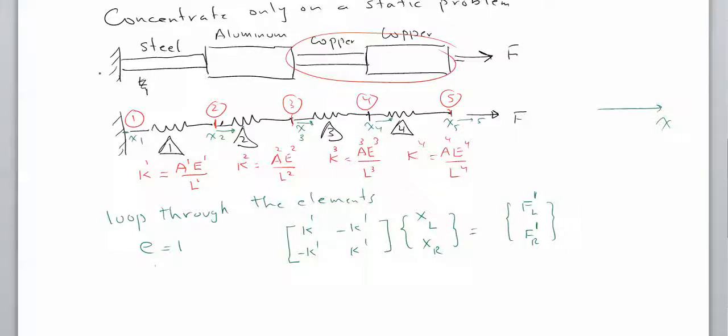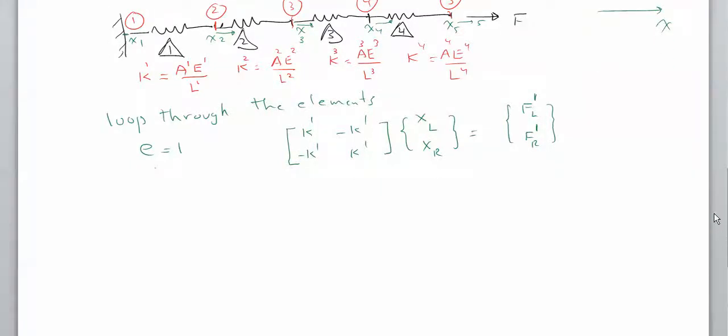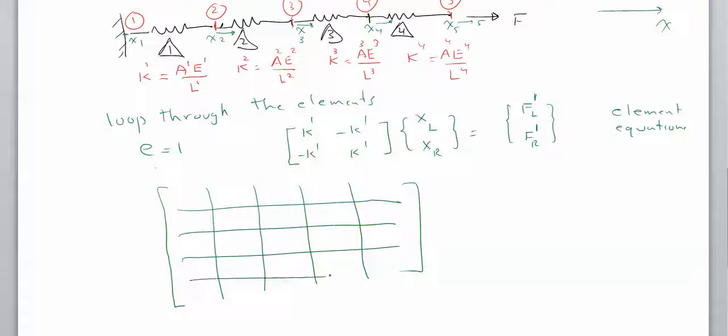Now, I'm not going to go through the details because we have already done those details. So what we do, we have to put this in the global stiffness matrix. These are the element equations. So the global, they're going to go into a 5 by 5. Let me put 5 rows and 5 columns here. Row 2, row 3, row 4, and row 5.